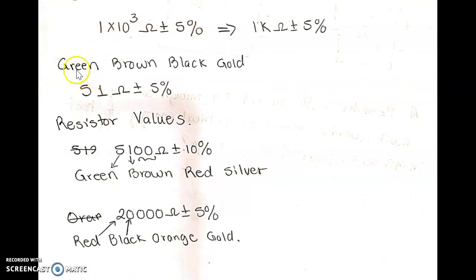Another one, we have green, brown, black, gold. Green is 5, brown is 1, black is 0, so I don't write anything. And then gold is just 5%, so it's 51 ohms plus minus 5%.